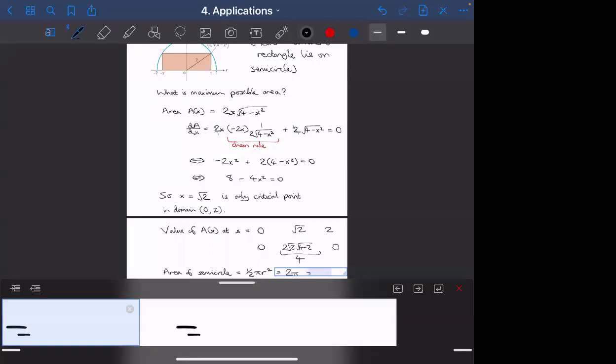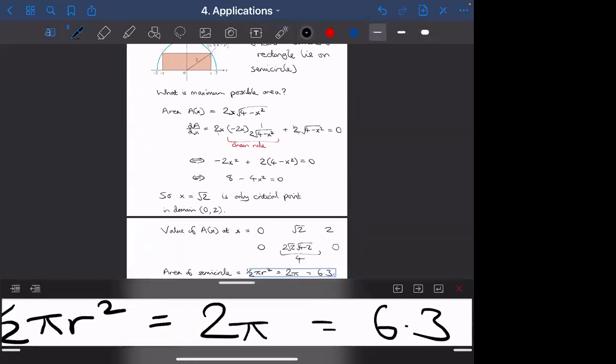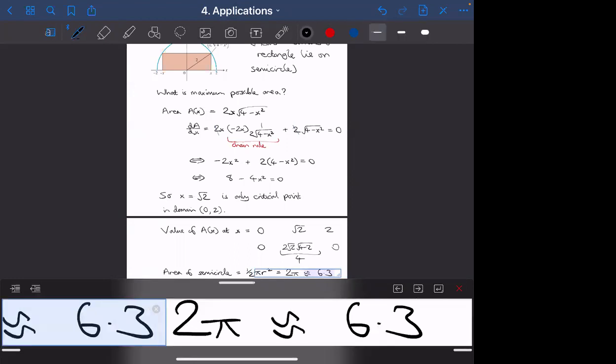And that's something like 6.3. So you can see we can get 2/3 of the area of the semicircle in an inscribed rectangle.